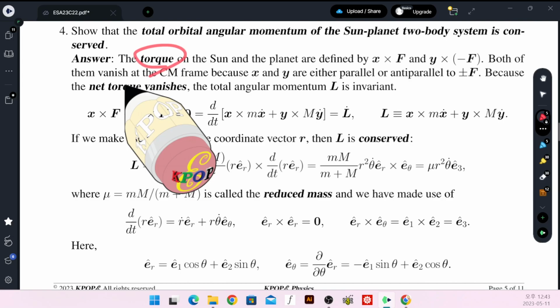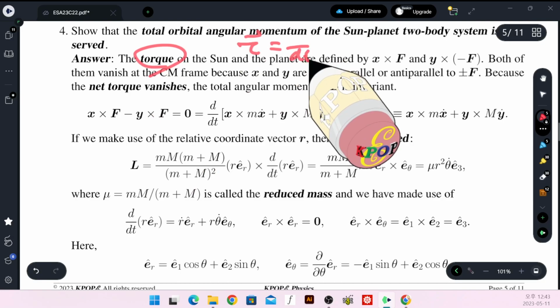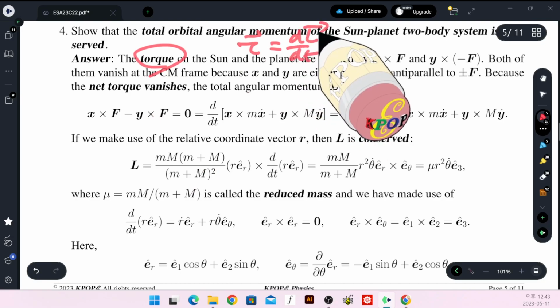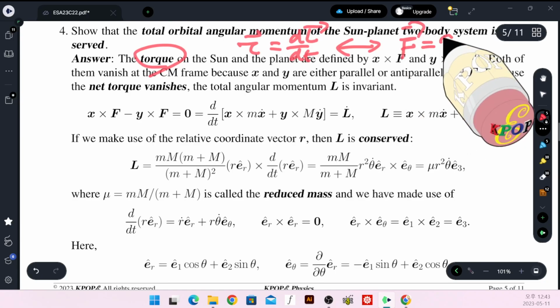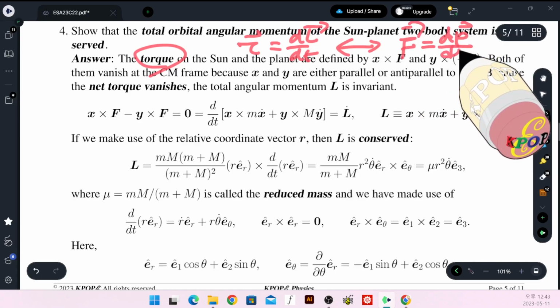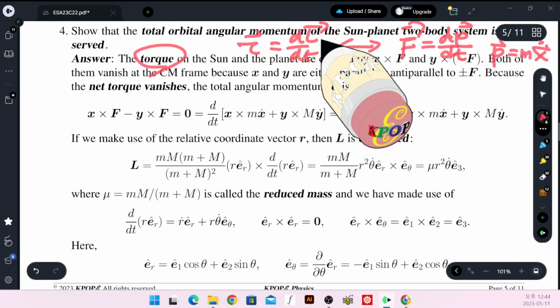Just like that, we can construct the rotational version of Newton's second law. That is, the torque is the time derivative of the orbital angular momentum. The linear version is that the force is the time derivative of linear momentum, where the linear momentum is a mass times a velocity.